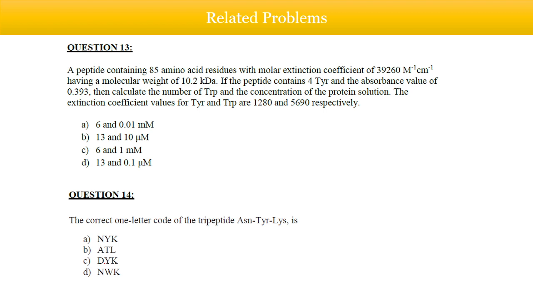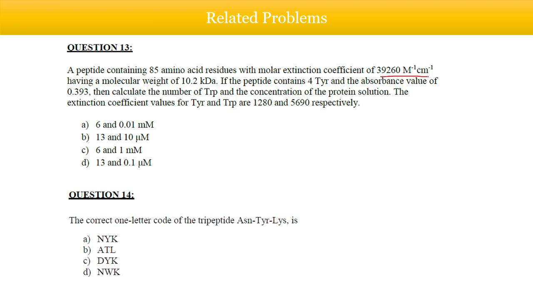So the epsilon value for the peptide is given to be 39260. So you know this, and you know the molecular weight as well. And you also know that only the aromatic side chains contribute to the molar extinction coefficient, and molar extinction coefficient is an additive quantity, so you can add them.